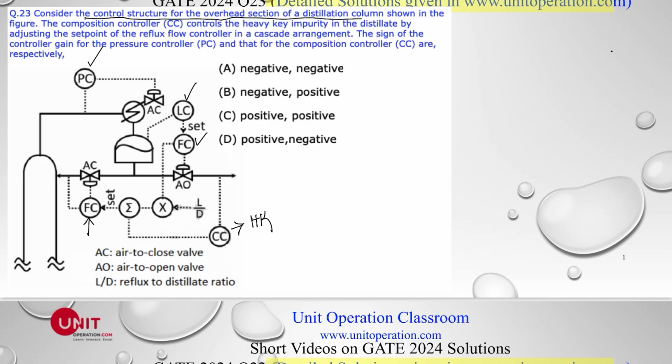And this is air to close, meaning more airflow will close the control valve here, and this is air to open, and this is air to close. Very quickly, let us see if this control logic is correct or not before we go to the actual question, which is the controller gain.